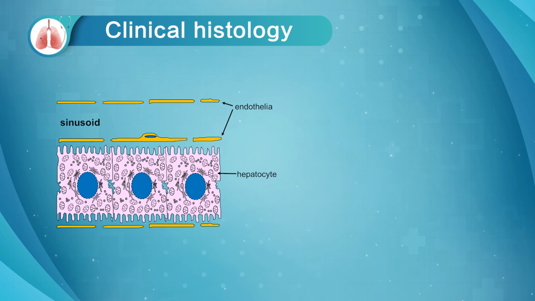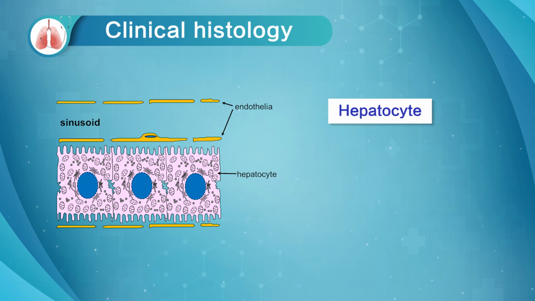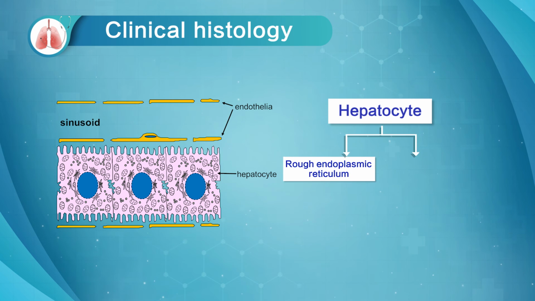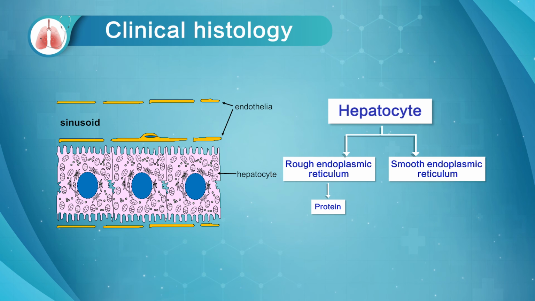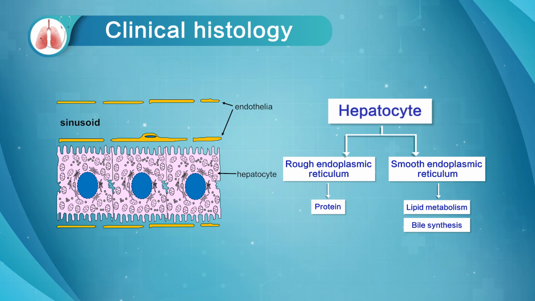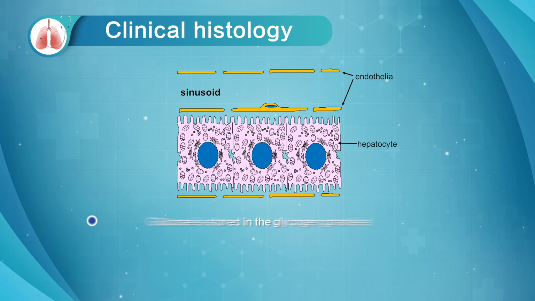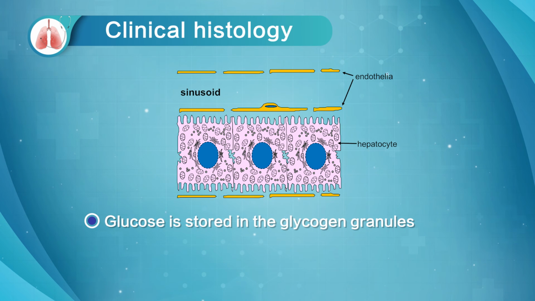This diagram shows the organelles in the cytoplasm of a hepatocyte. There is a great deal of rough endoplasmic reticulum for protein and smooth endoplasmic reticulum for lipid metabolism, as well as biosynthesis. Glucose is stored in the glycogen granules.